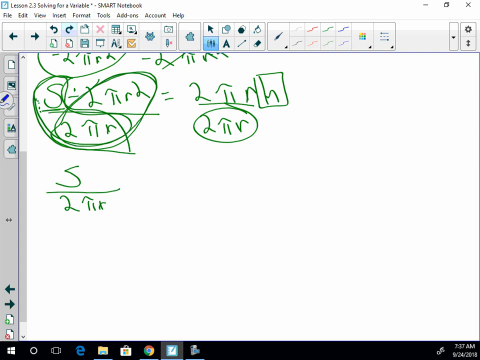We are separating it by subtraction. Then I did a bunch of canceling on the last one. 2 divided by 2 canceled out. Pi divided by pi canceled out. Since the r times r over r cancels out one of those r's, I have only the r that's equal to h. All right.